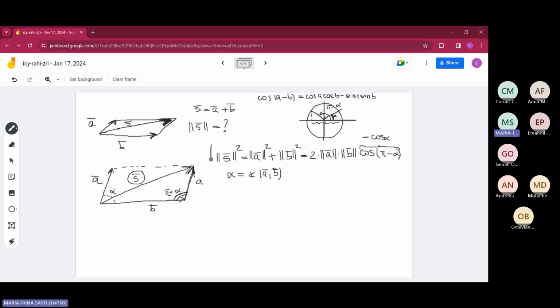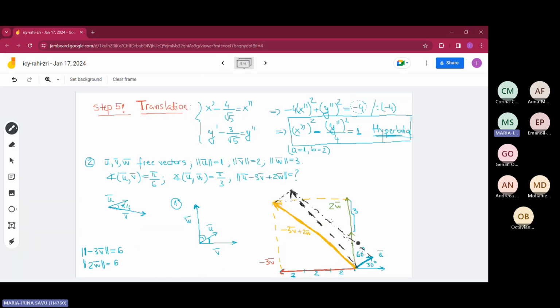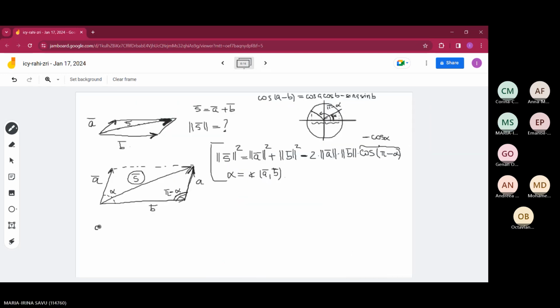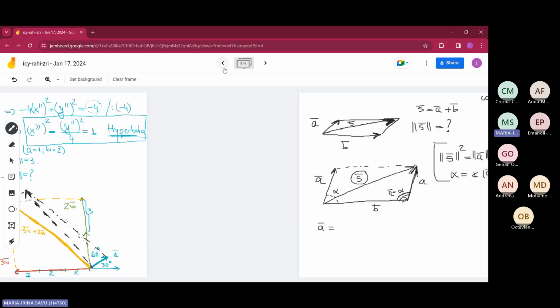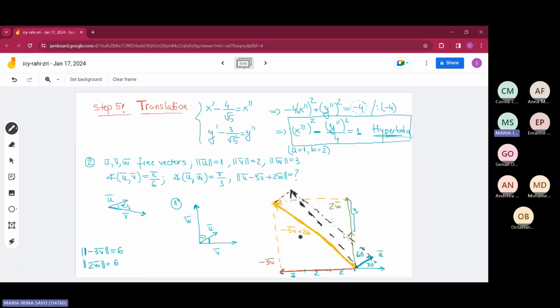Okay, so let's see what we have. So in our case, let's say that this is A. Okay, let's say that A is minus 3V plus 3W.